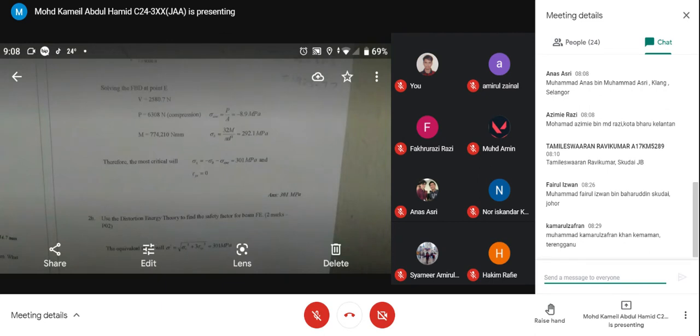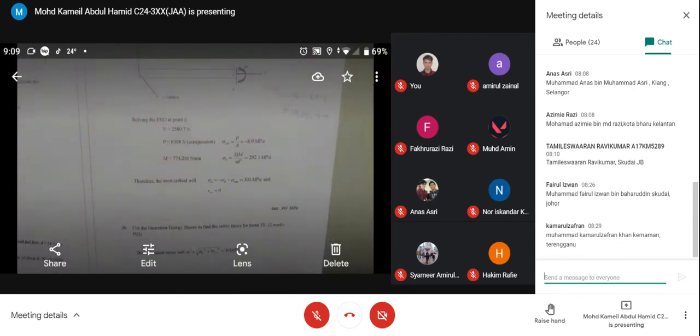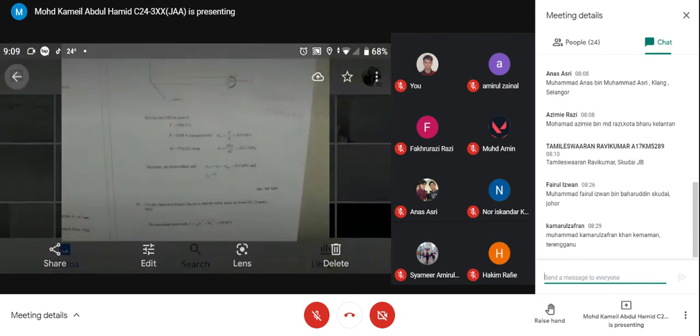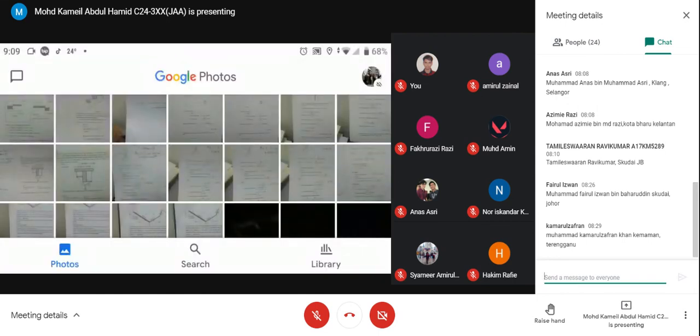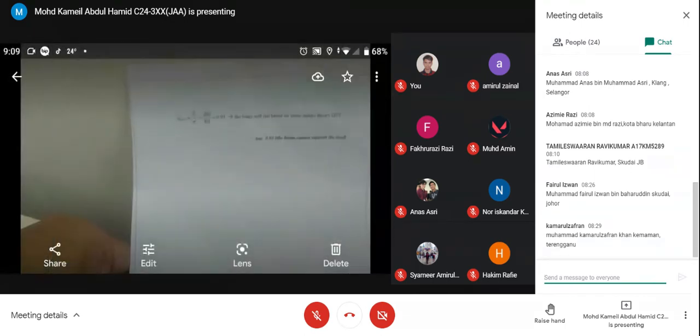Lepas ni just equation dah ada sigma x dan sigma average dan sigma b tu. Sigma x tambah 2 tu. Tengok ni, jawapan dia lepas tu. Oh, okay, last kali inilah jawapan dia.